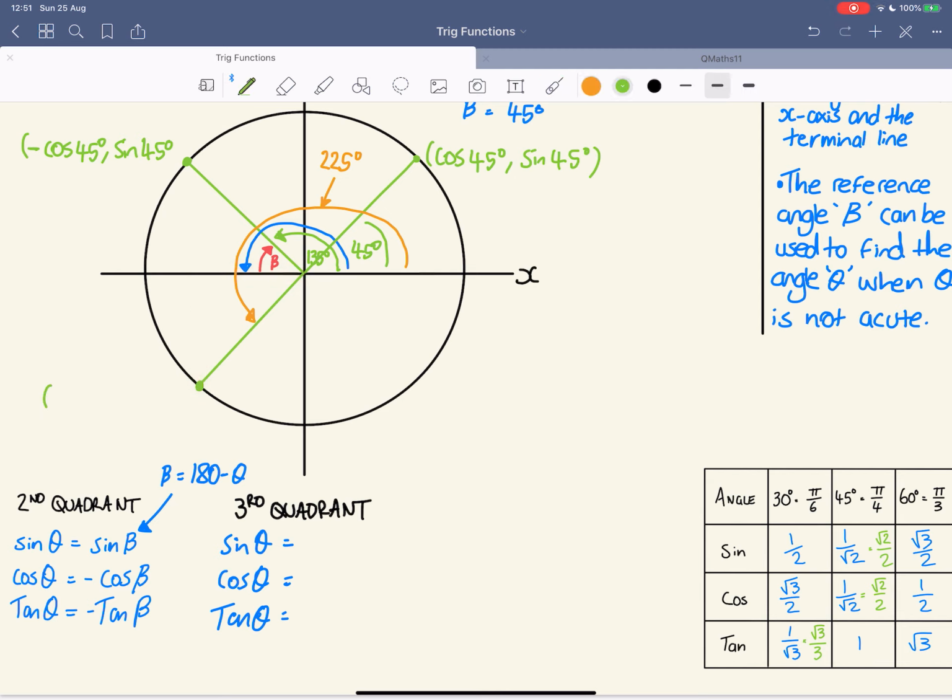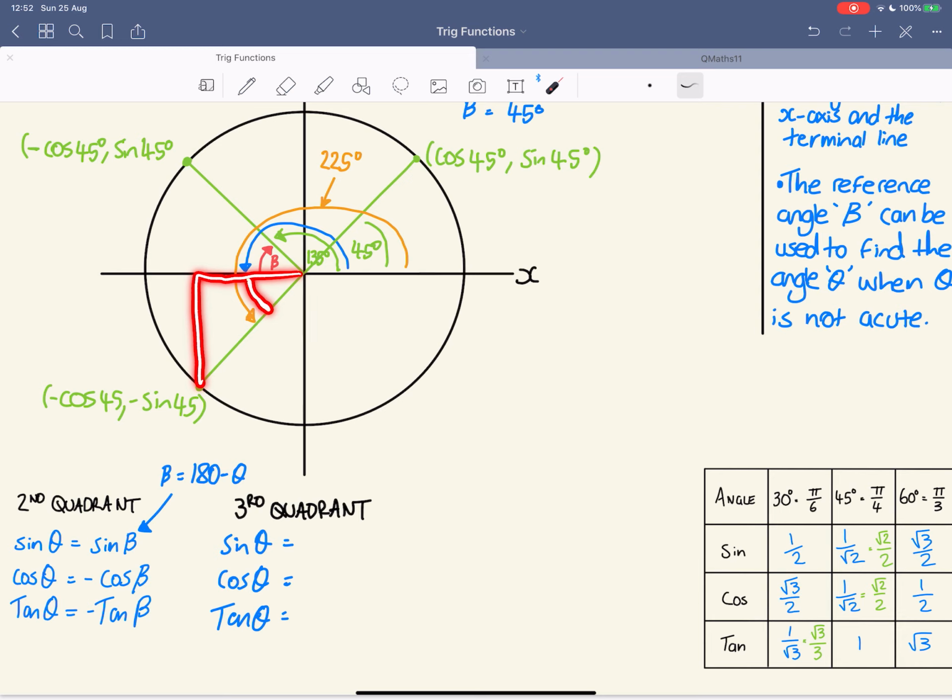Let's write the coordinates. Negative cosine, and this angle here, we're going across the same size, right? The negative cosine of 45 and the negative sine of 45, right? And we're really only looking at this angle here.